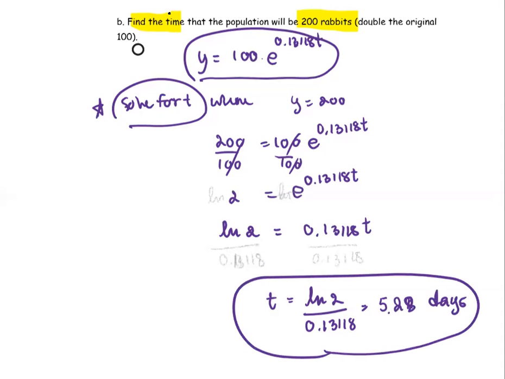So this is the answer. If the problem requests one decimal place, you have to round to 5.3. It's a little bit over 5 days for the population to double from the original number.